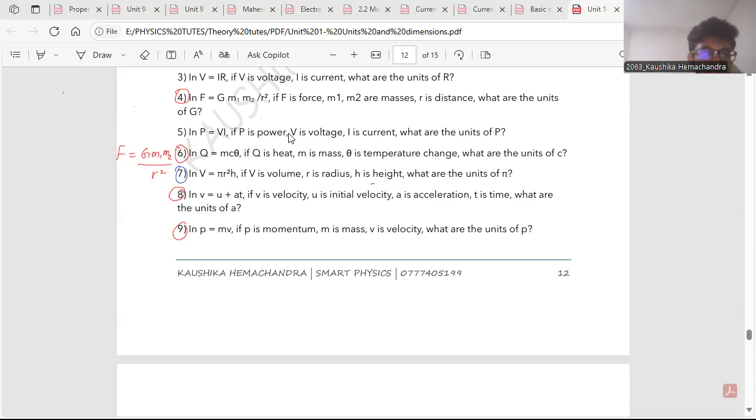V is equal to pi r squared h, where V is volume, r is radius, and h is height.